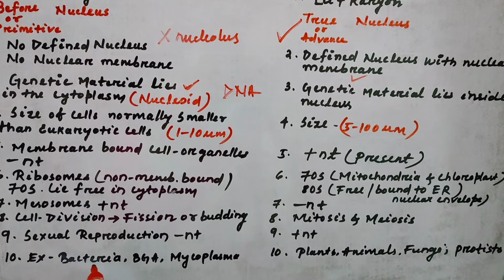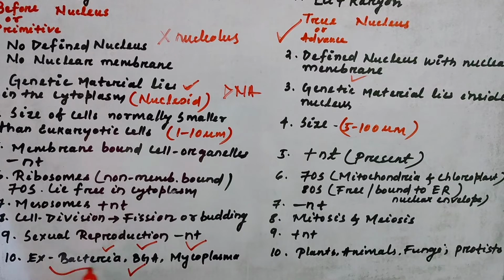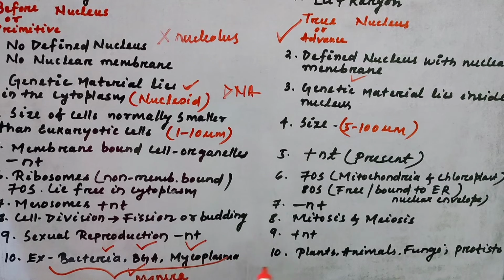Examples of prokaryotic cells are bacterial cells, algae cells, that is blue-green algae, mycoplasmas, etc. The examples of eukaryotic cells are plant cell, animal cell, fungi cell, protist cells. So these all belong to the kingdom Monera, except Monera, that is Protista, Fungi, Plantae and Animalia. All these kingdoms are eukaryotic.